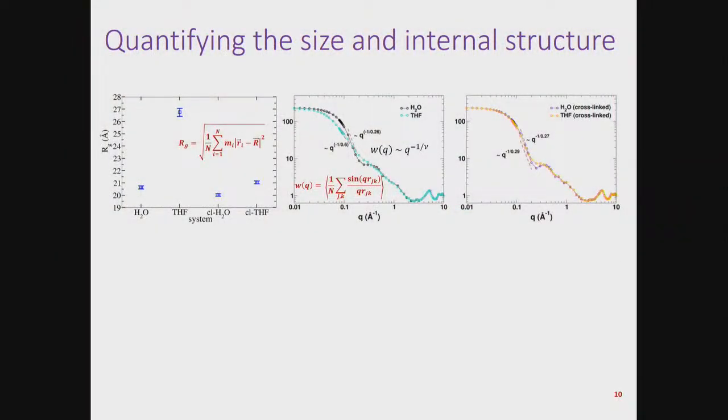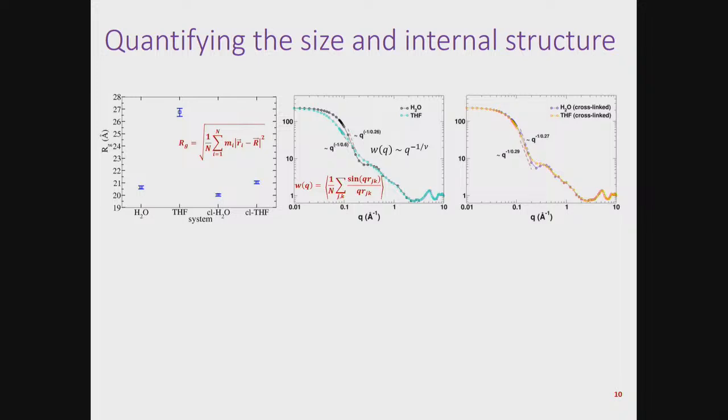Yeah, that's a good point. I think having cross links is a way to stabilize this globular structure. That is clearly the case, because if you look at the form factor exponents, probably we should do, like you said, the reverse simulations also: taking the structure in THF and then resolvating in water and seeing if there are any changes.